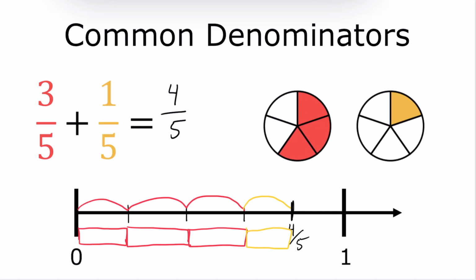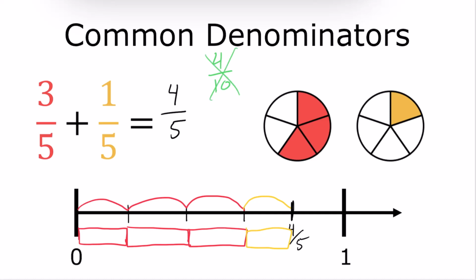And when you're teaching this to your students, it's really important that you show them a visualization, and the more visualizations, the better, because a common misconception that students will often make when they're adding fractions, if you don't show them the visualization, is they'll say that 3/5 plus 1/5 equals 4/10. And if you show them it visually, it's really easy to show why this answer does not make any sense.